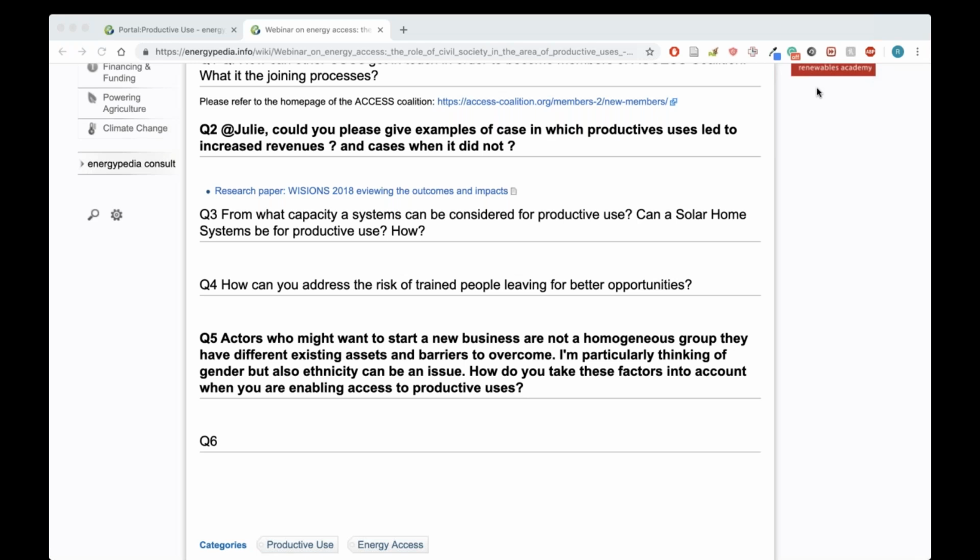Yes, this is a difficult question. The only thing we always try to foster in the projects we support is capacity building that addresses a larger group of people. So training is provided for more people than just one entrepreneur. But I think in many cases, it's unavoidable that some people might leave.